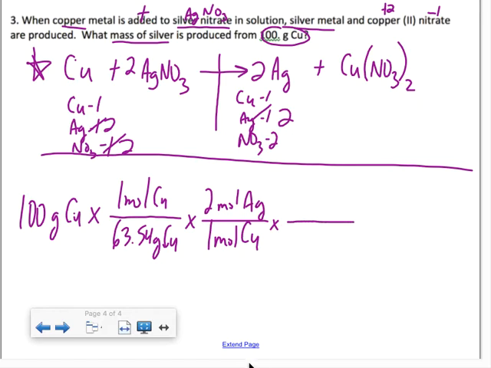All right, I'm in moles of silver. I need to get to grams of silver by multiplying by the molar mass. So I'm in moles of silver, so I know 1 mole of Ag is going to go on the bottom. And what's the molar mass of silver? You look at the periodic table. So Ag, number 47, its molar mass is 107.9.